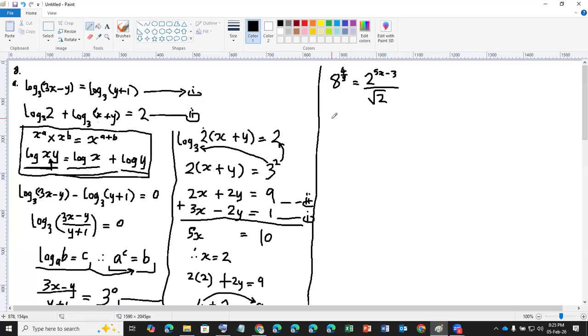I can see that everything here has a base of 2. You look at it carefully. So what we're going to do is make everything in terms of the base 2.